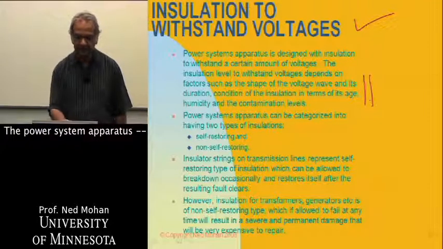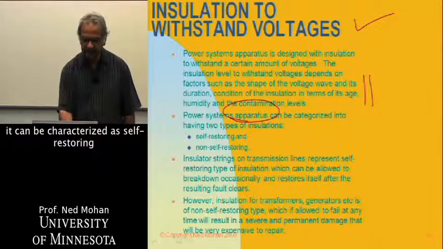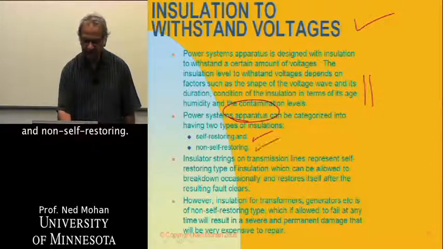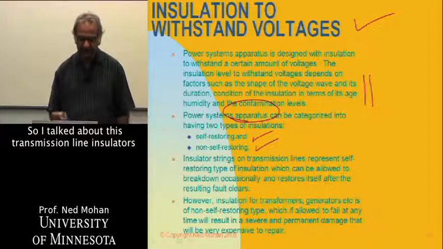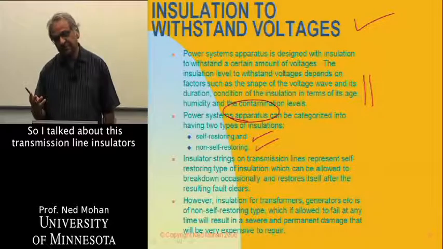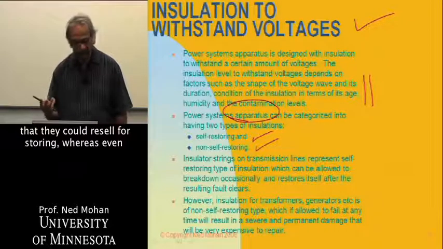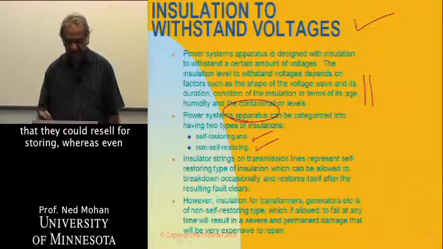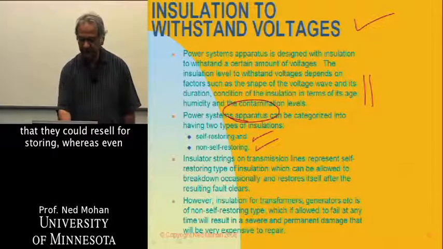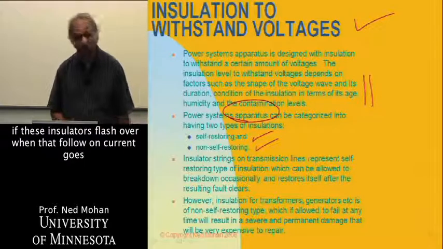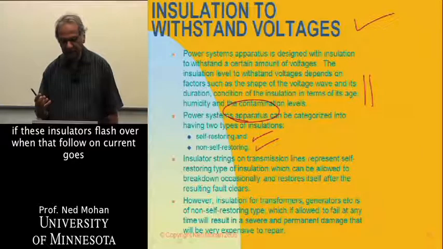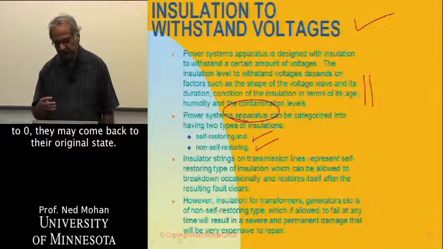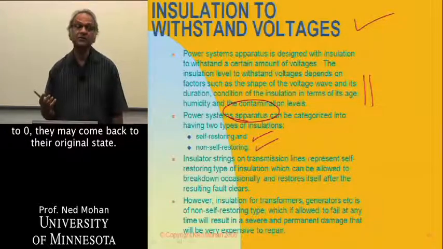The power system apparatus can be characterized as self-restoring and non-self-restoring. I talked about how transmission line insulators could be self-restoring. So even if these insulators flash over, when that follow-on current goes to zero, they may come back to their original state.